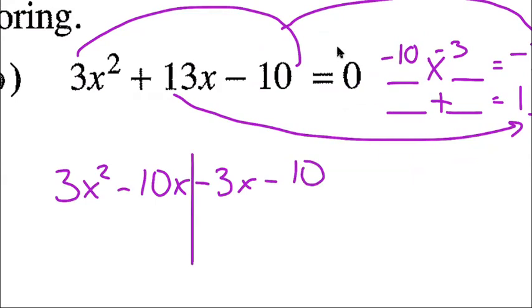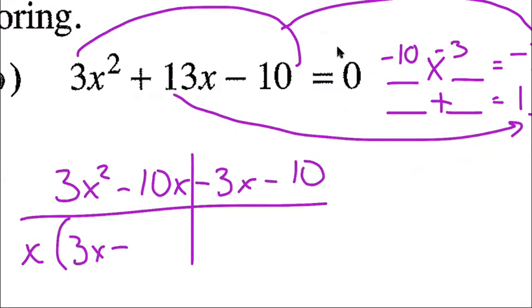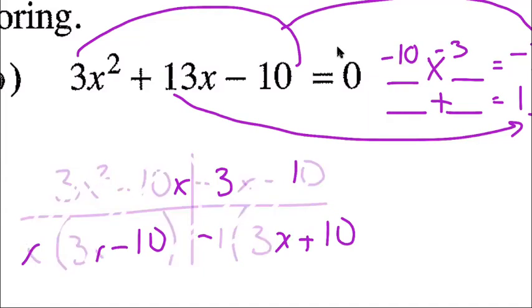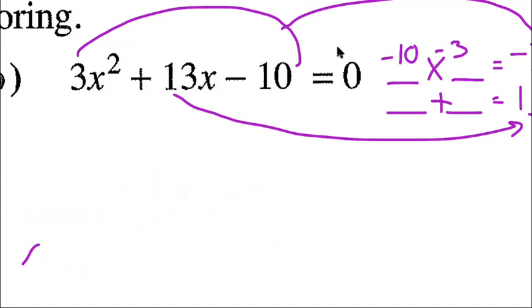Factor by grouping gives me x bracket 3x minus 10, and -1 gives me 3x plus 10. Uh-oh. Oh, that's not right. Can't be -10 and -3 because that doesn't add to +13. Wow, that's not right. Too fast, Tommy. I'm going to slow down.